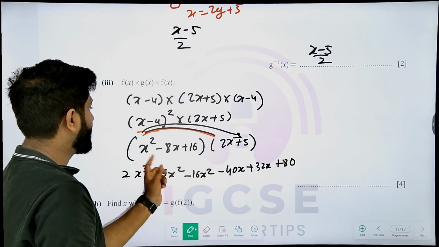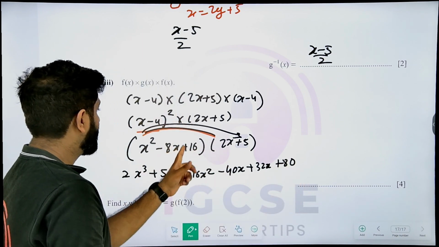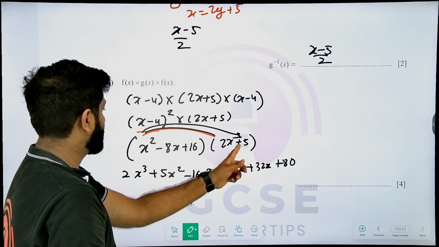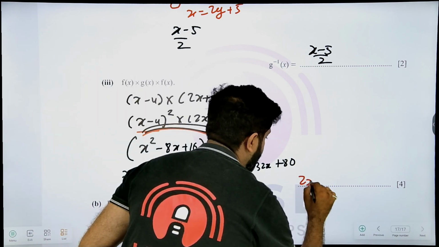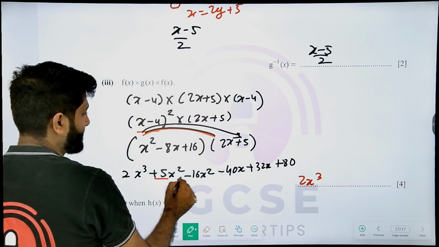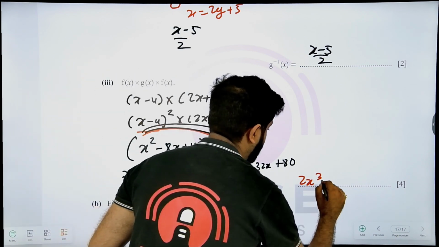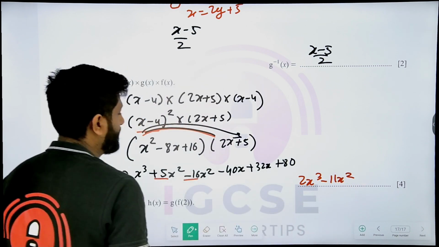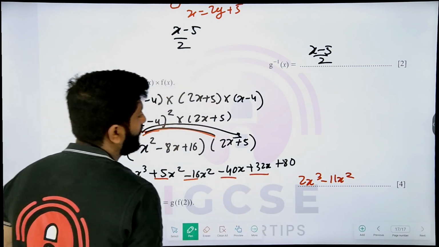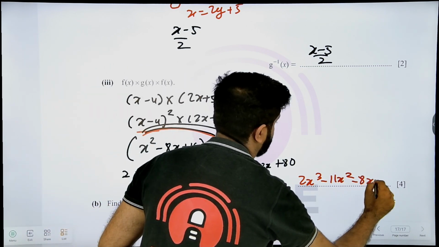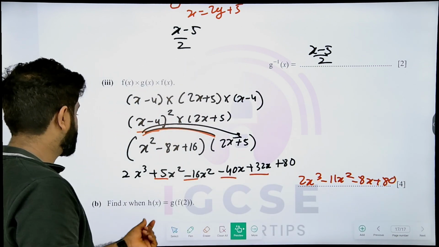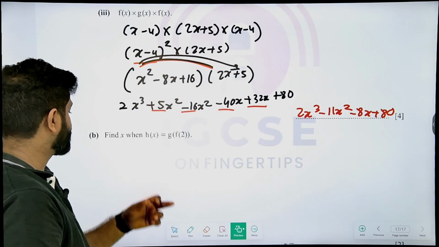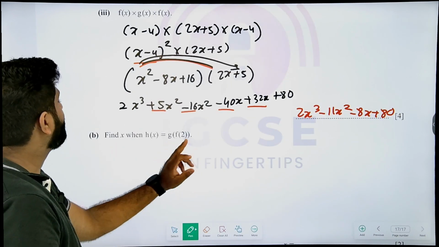Let me verify. 2x cube plus 5x square minus 16x square minus 40x plus 32x plus 80. Yes. So you have 2x cube plus 5 minus 16 is negative 11x square, minus 40 plus 32 is minus 8x plus 80. Right.